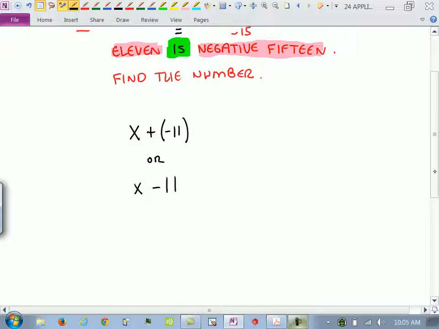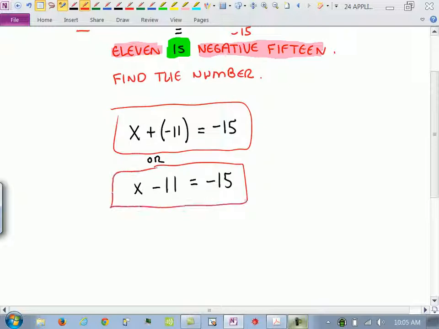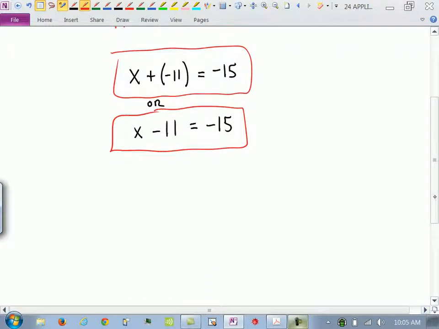Now, I have that. That's the sum of a number and negative 11 is, so equals, right? Negative 15. And then this bottom one would become the same thing. So what I'm saying is you could do either one of these, top one or the bottom one. I would have probably done the bottom one. And what do we call that thing there in the box? Linear equation, one variable, right? So you could solve that. How would we solve that?